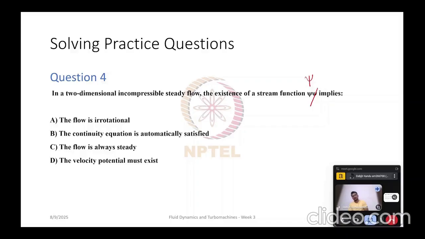Is it option A, the flow is irrotational? Is it option B, the continuity equation is automatically satisfied? Is it option C, the flow is always steady? Or is it option D, that the velocity potential must exist?